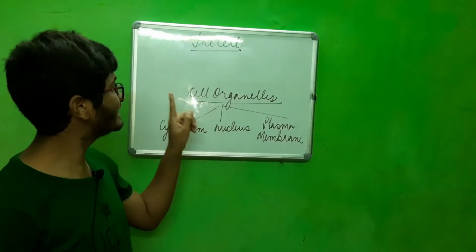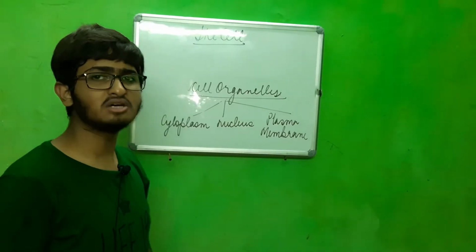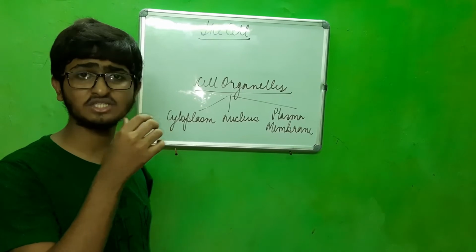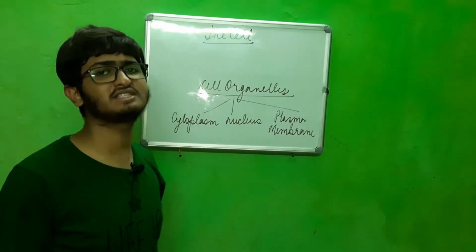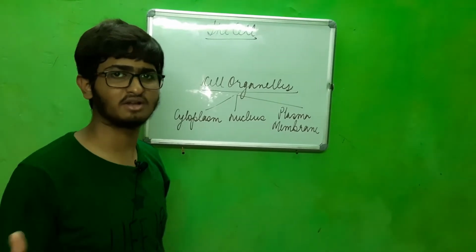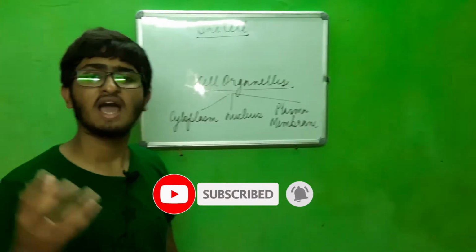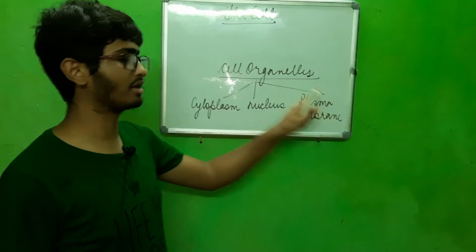First of all, it is very important to know the definition of a cell organelle. Cell organelles are those structures which constitute the cell. They have a definite structure and a definite function. So small parts of the cell which have a definite function and a definite structure are known as a cell organelle.